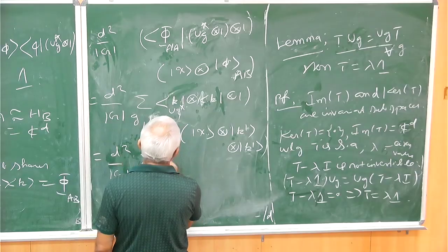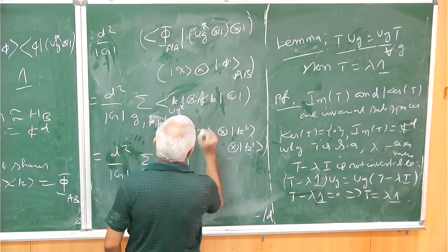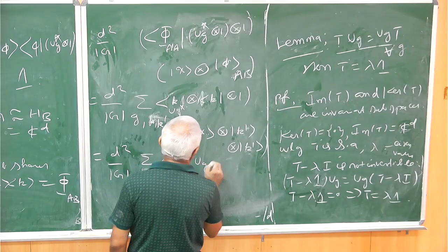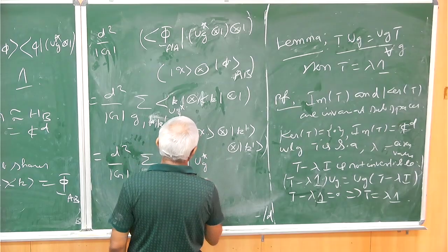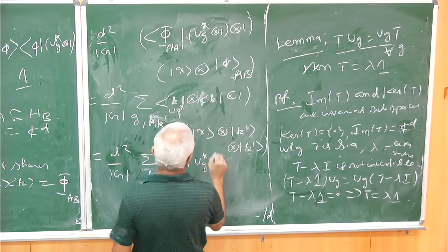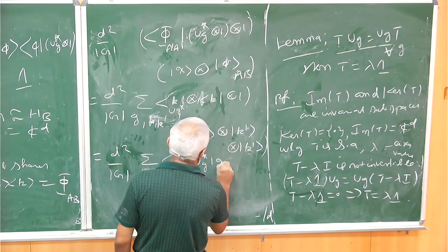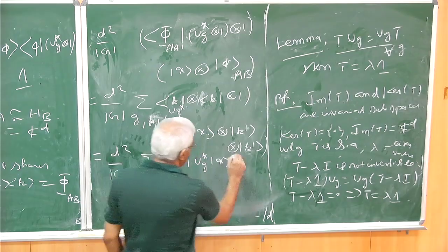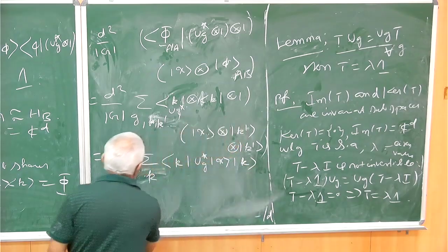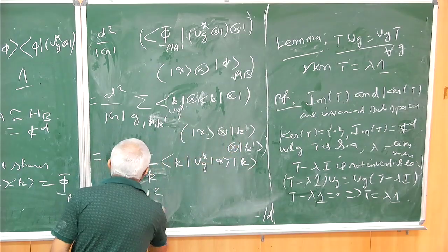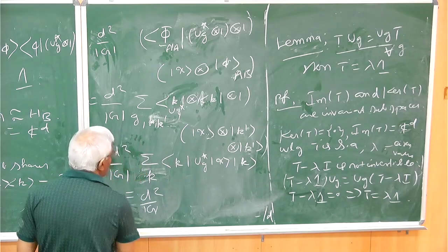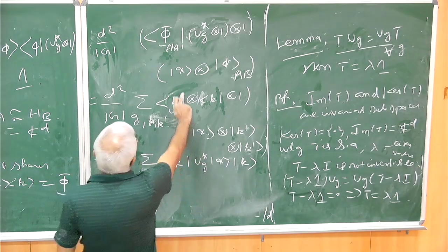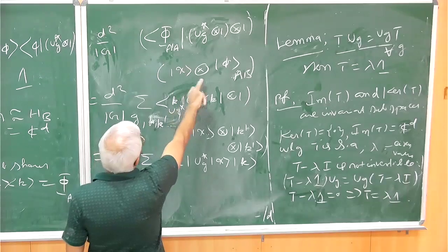Now what you have is K here, and you have UG star, and you have the chi here, and then you have the k here, which is nothing but d square by mod g. There will be two d's coming from there, no?